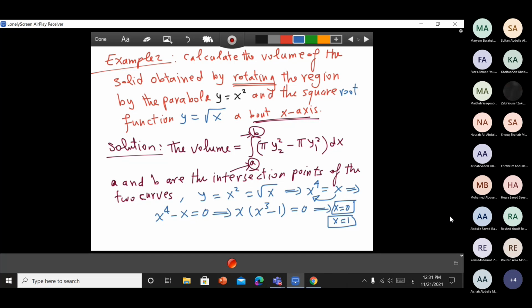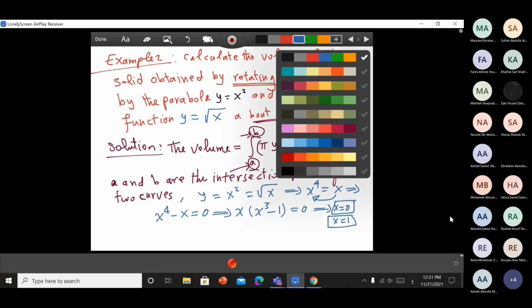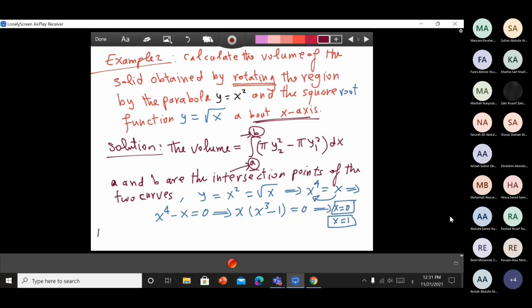Now, the volume will equal what? The volume equals pi times the integration from 0 to 1 of y1 squared minus y2 squared. It doesn't matter which one is bigger, okay? As far as I know, root x will be the upper one, and the parabola will be the lower one, okay?